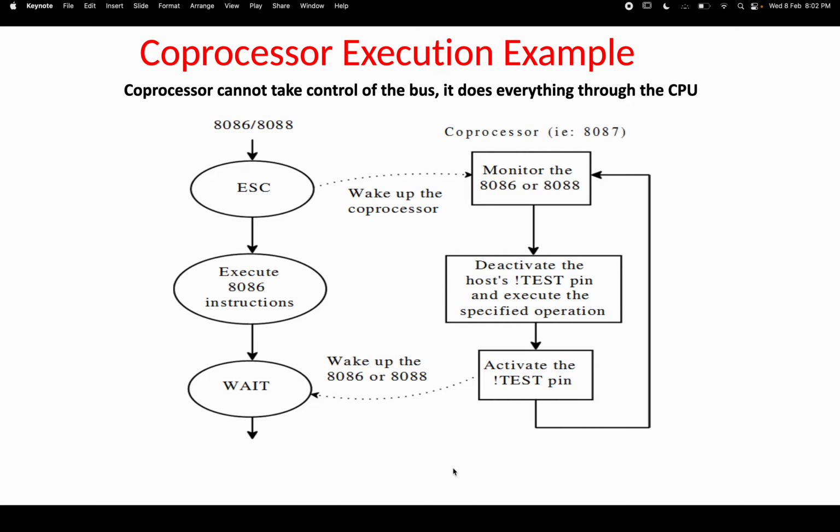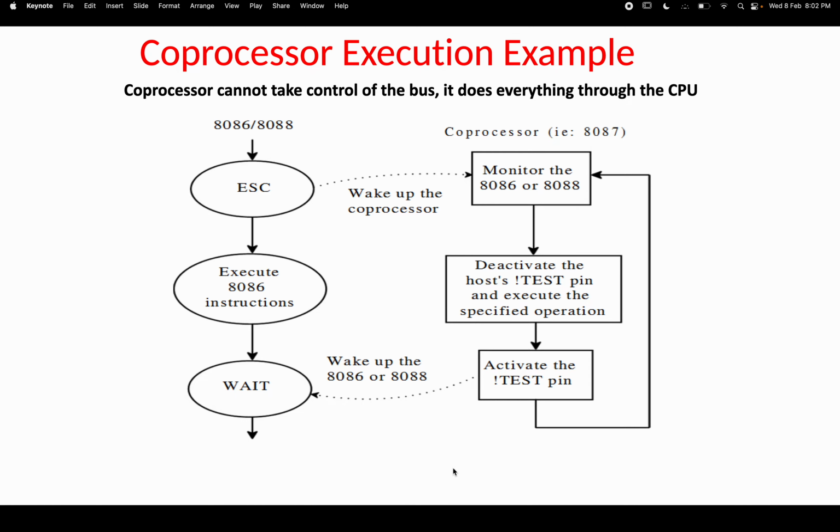As I already told, the coprocessor will not fetch the instruction. It will just execute the instruction which is fetched by 8086, the main processor. After executing the specified operations, once the execution of instructions is completed, it will activate the test pin.